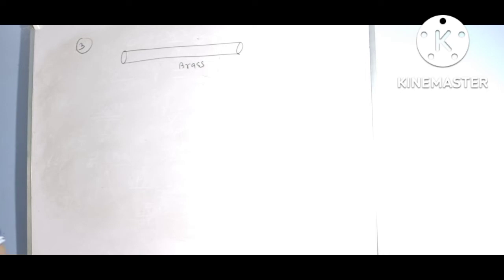A brass rod at 30 degree centigrade is observed to be 1 meter long when measured by a steel scale which is correct at 0 degree centigrade.